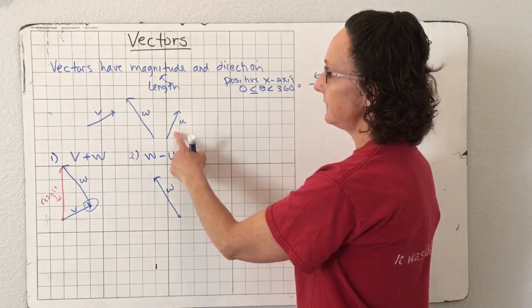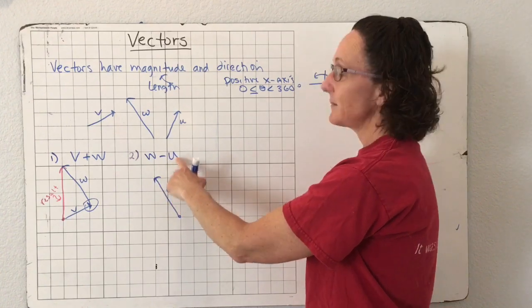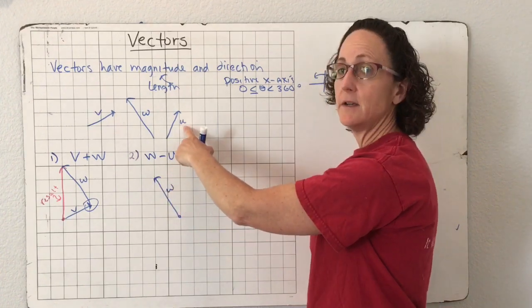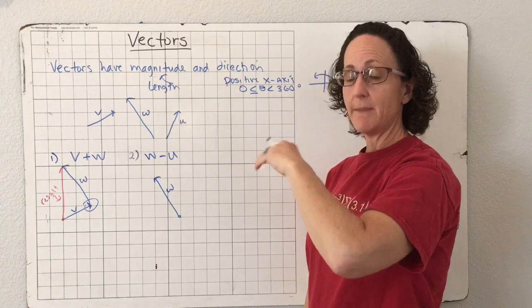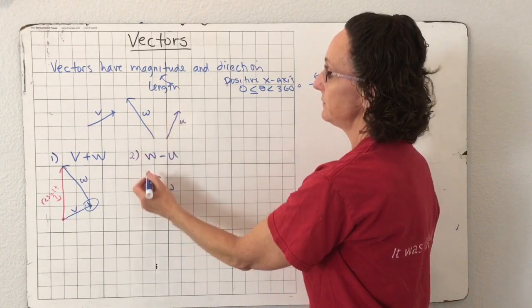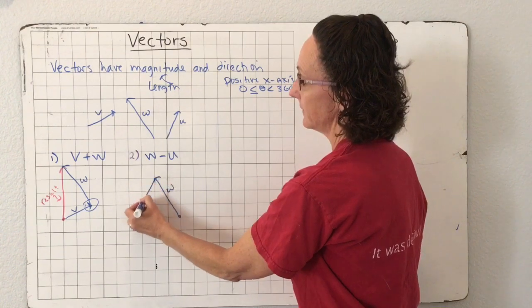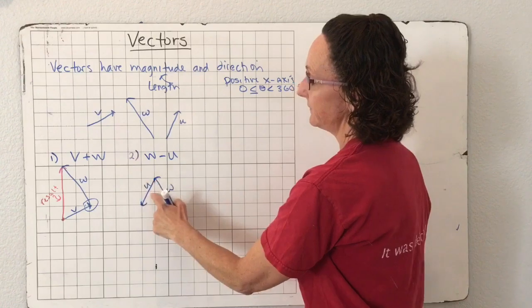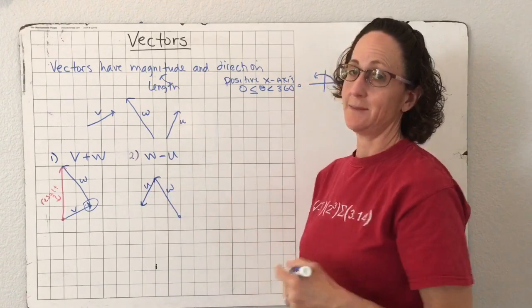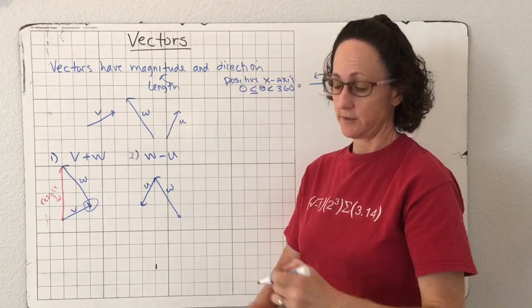And then instead of adding U to this, it's minus U, which means I'm gonna take this vector and keep the magnitude the same, but change the direction. So instead of going up 1 over 2, I'm gonna go left 1 down 2. So notice that this vector and this vector have the same exact length, but the minus makes it go the opposite direction, okay?